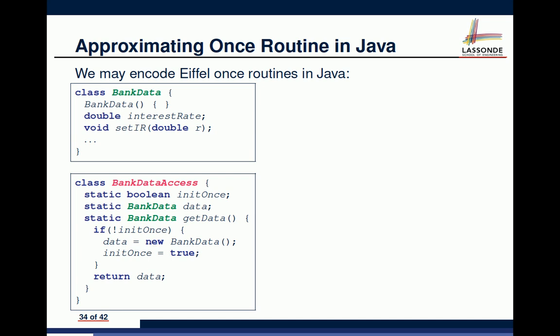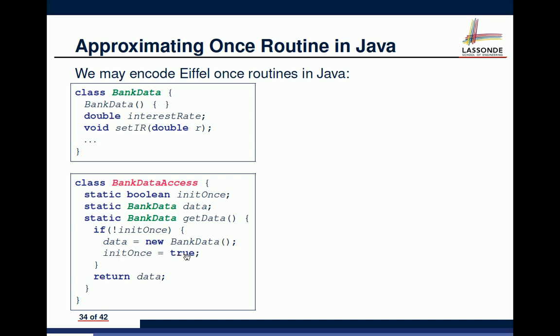And then over here, when I say get data, it's not really like a constructor per se, but it's going to return to you some reference to some objects. So this is the way we do the mechanism, right? I'm saying that if it's not initialized just yet, then I'm going to create a new instance over here, and then I'm going to set the init once to be true.